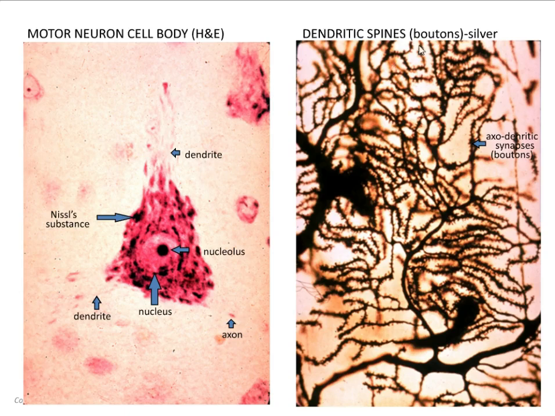Now in these dendritic spines, when stained with silver, it shows the exodendrite synapses. This dark colored portion is the main body of the nerve cell which produces these dendrites, and they are joined with each other and form the axon at the terminal end.